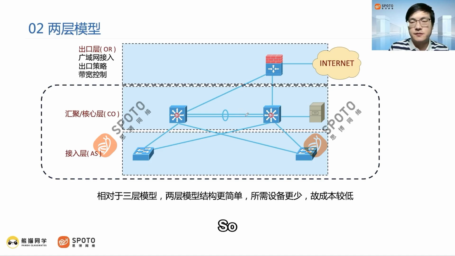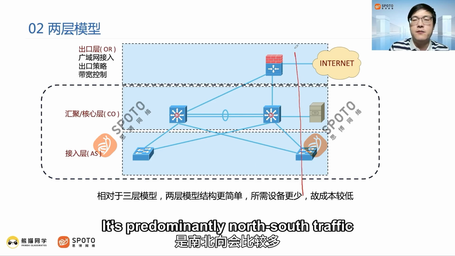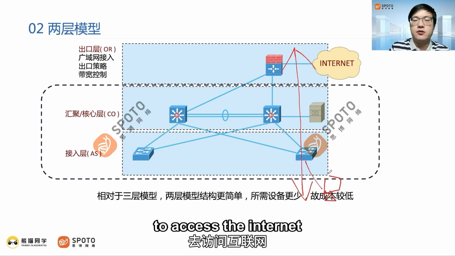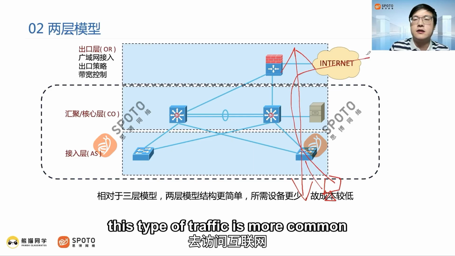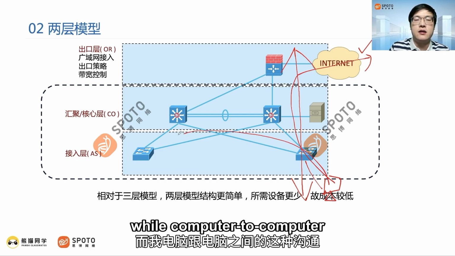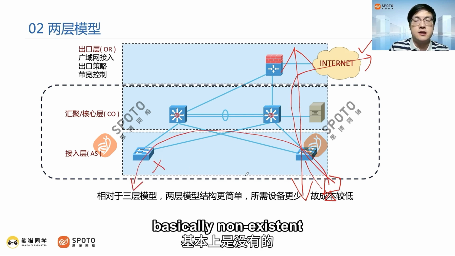So, what is the traffic characteristic here? It's predominantly north-south traffic, from your computer to access the internet. This type of traffic is more common, while computer to computer traffic is actually quite rare, basically non-existent.